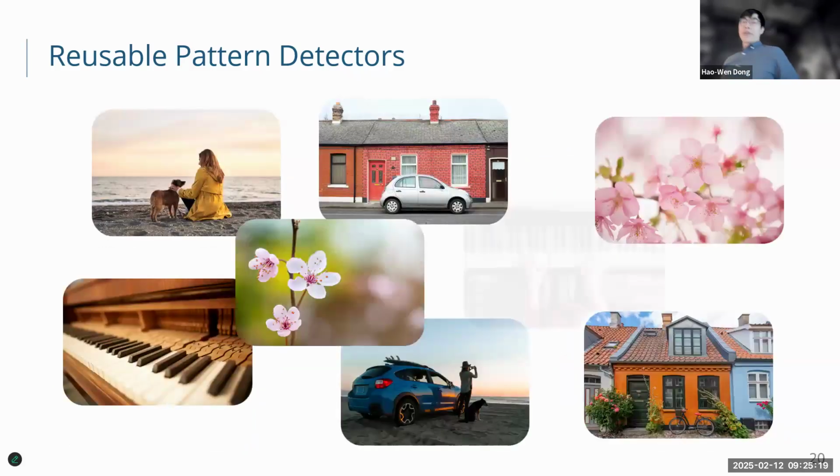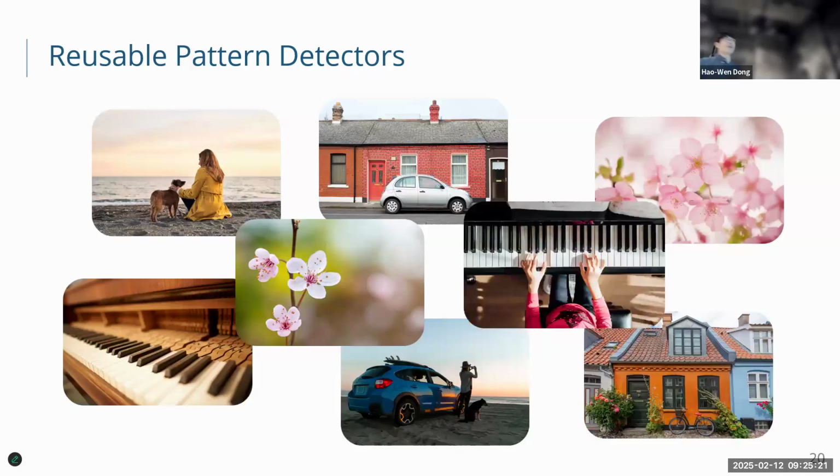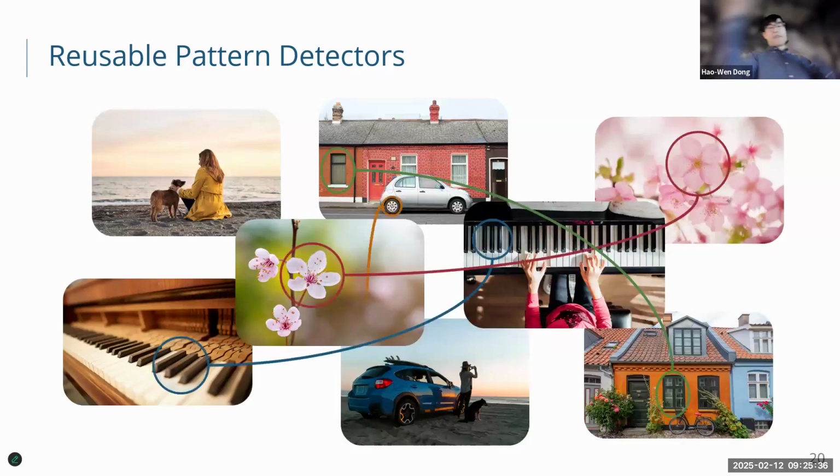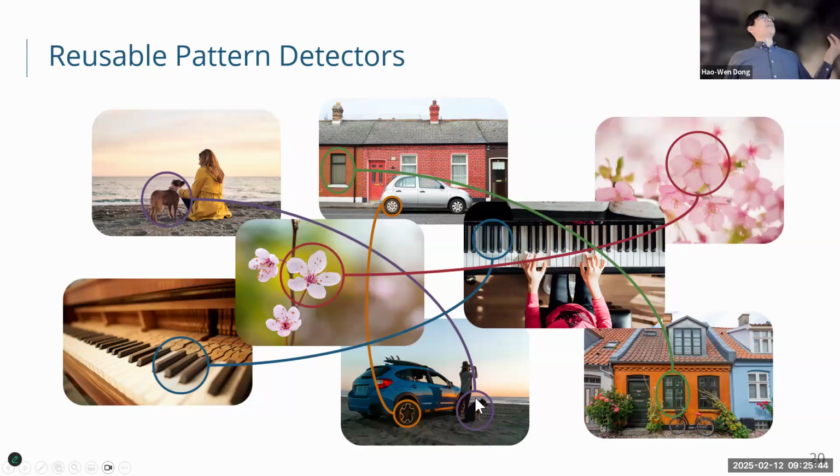Think about when we are training an image classification model. We have a bunch of different images, and what we want the CNN model to learn is what happens across the data set. There will be different patterns happening around: windows in other places, a dog here and here, keyboards, flowers.